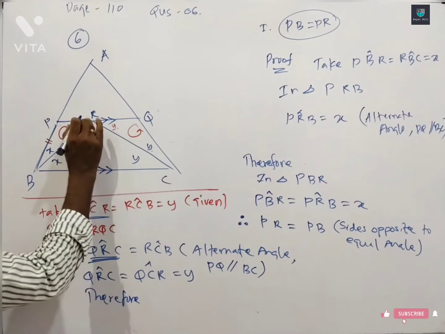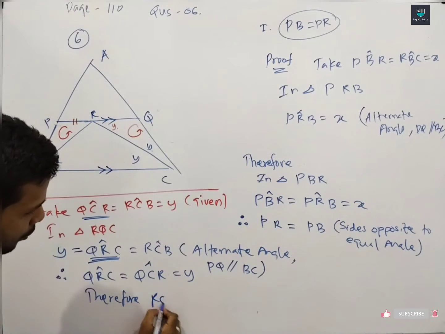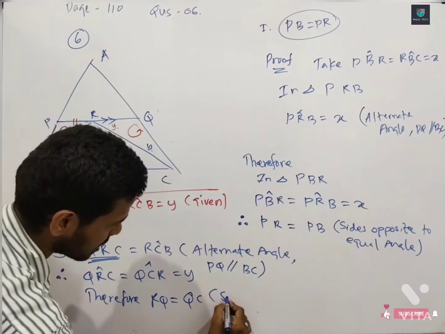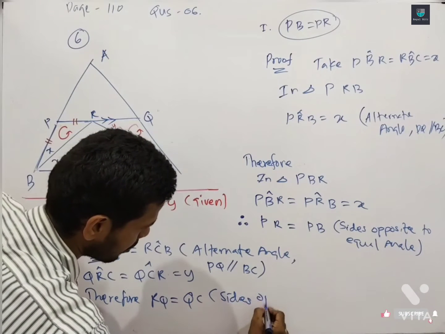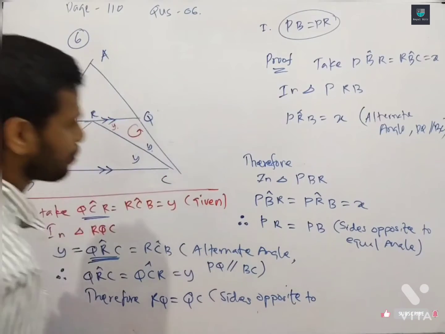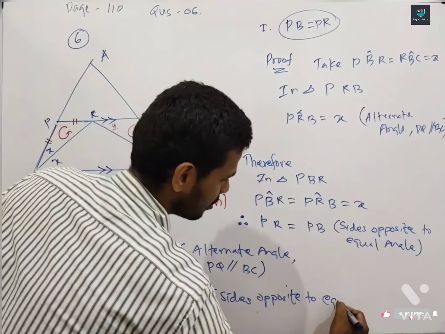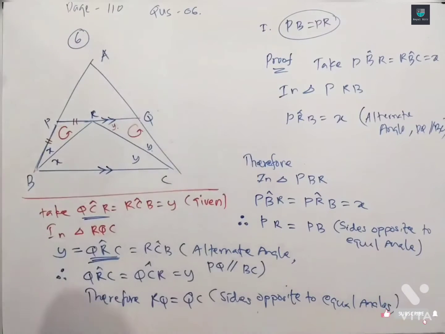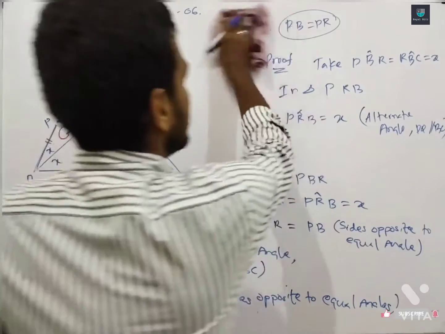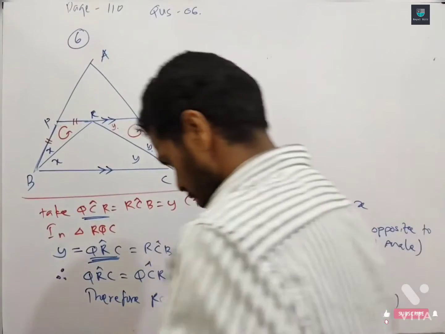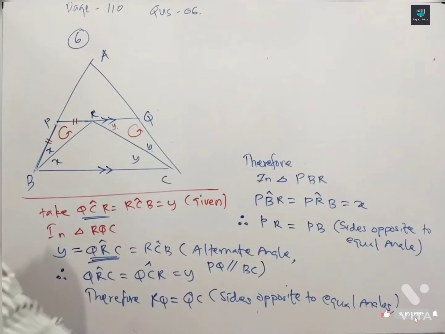Therefore RQ is equal to QC, sides opposite to equal angles. So now we have proved this one also. This is equal to this.